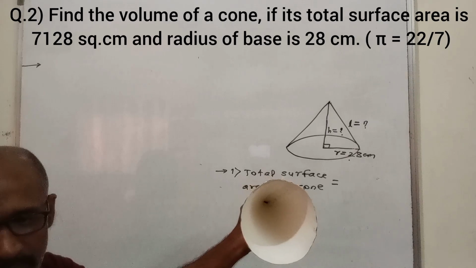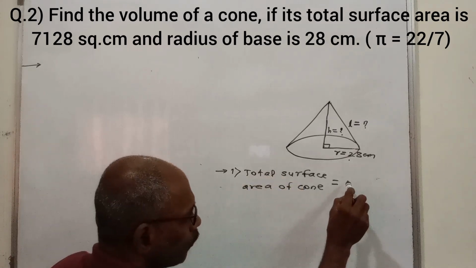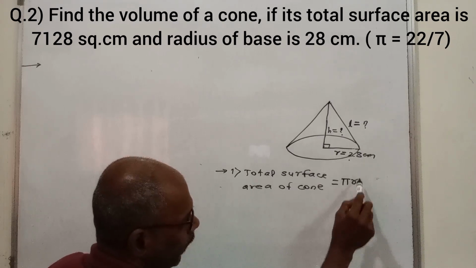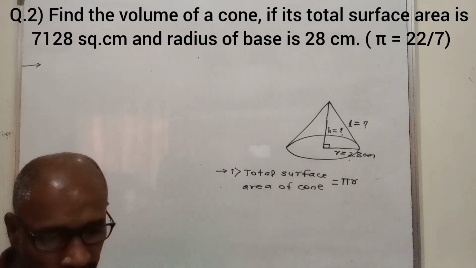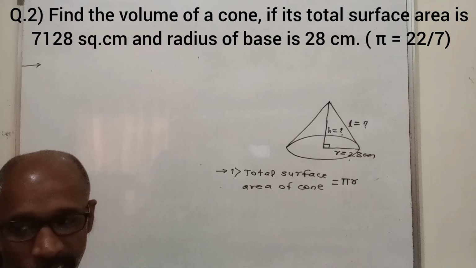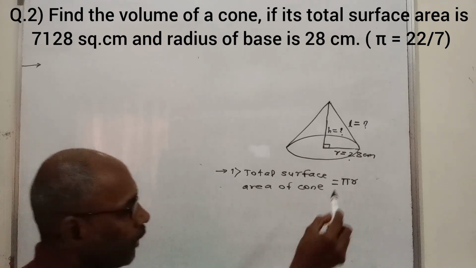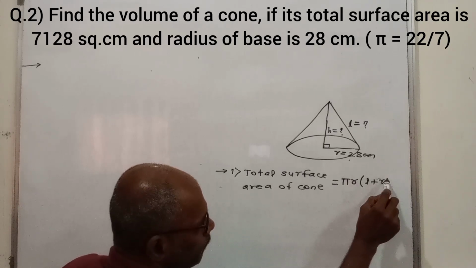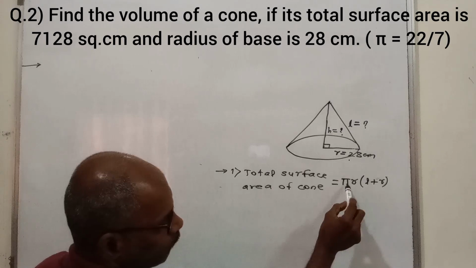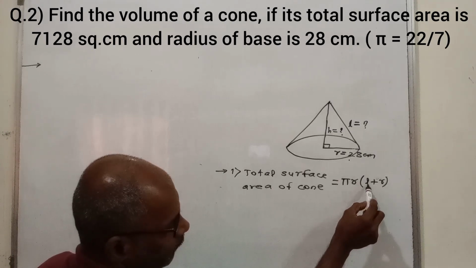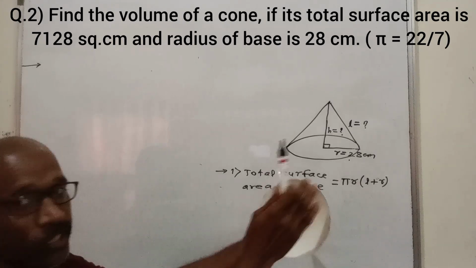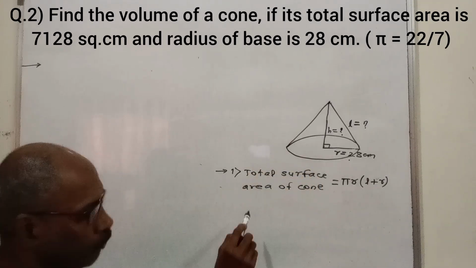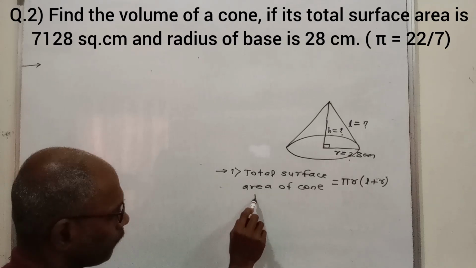Base is a circle. Curved surface area is pi r l and area of base is pi r square. So pi r common, l plus r. Very simple formula.